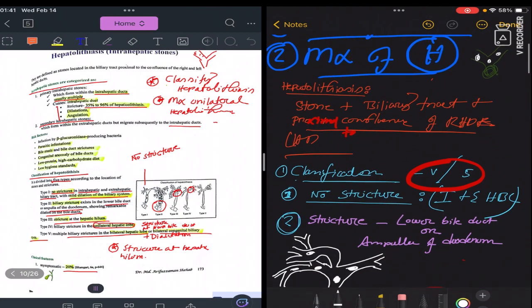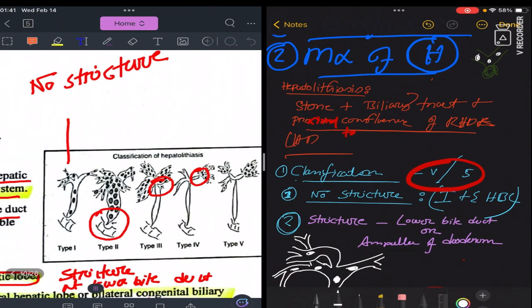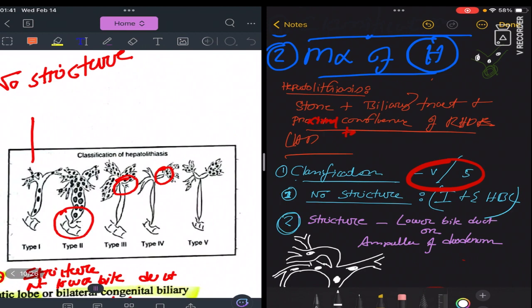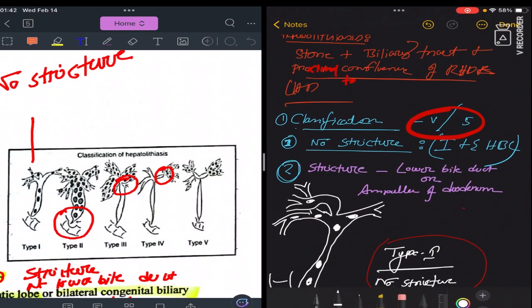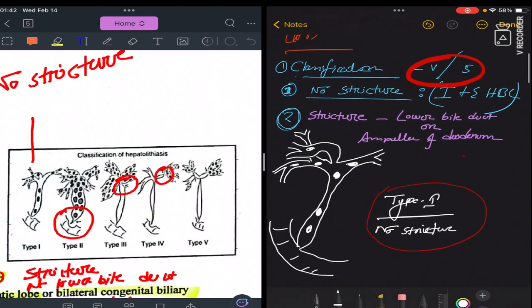Okay, now the classification. If we observe it, there are 5 types. Type 1, when there is no stricture in the intra and extra hepatic biliary channel, and type 2, when there is a stricture in the lower bile duct or ampulla of duodenum.